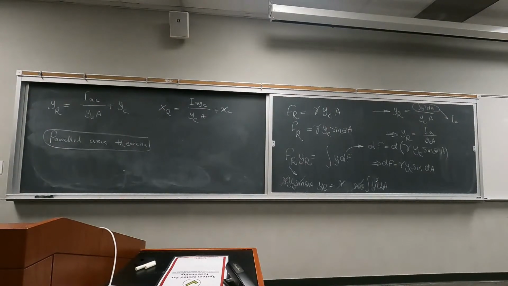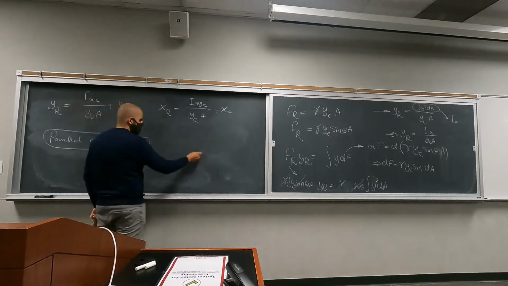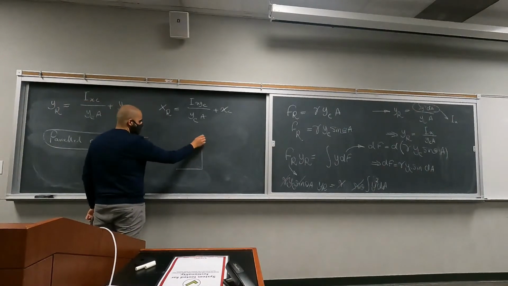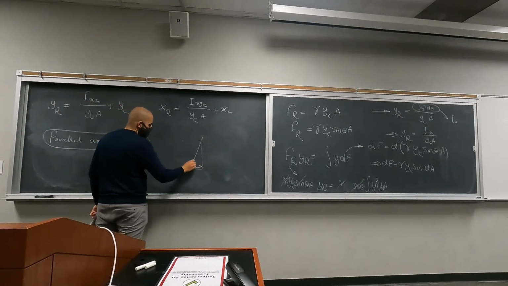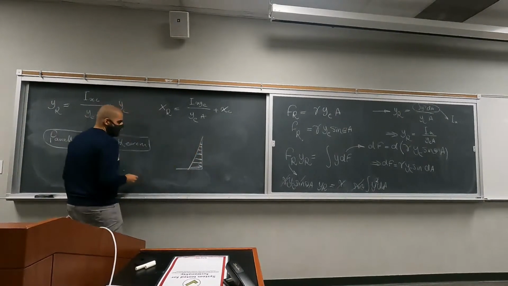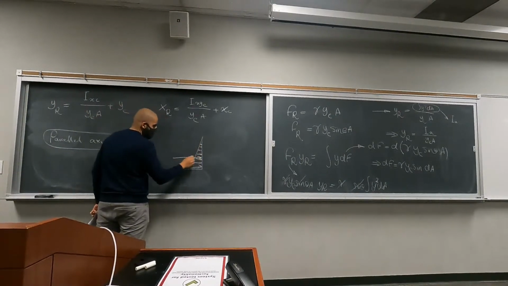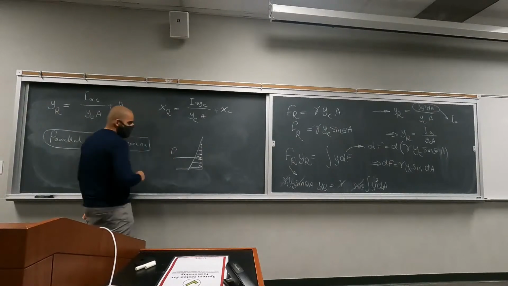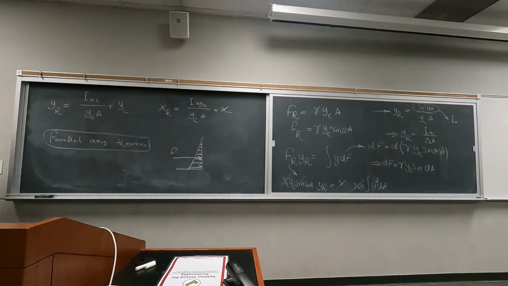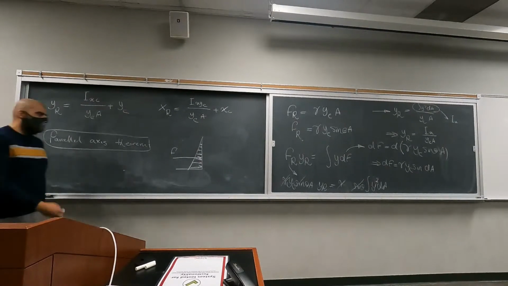Okay, so this is the point where, again, just to reiterate, we have a pressure distribution on the wall. We want to replace this pressure distribution with just one single force. So we want to replace a distributed load with a single load.